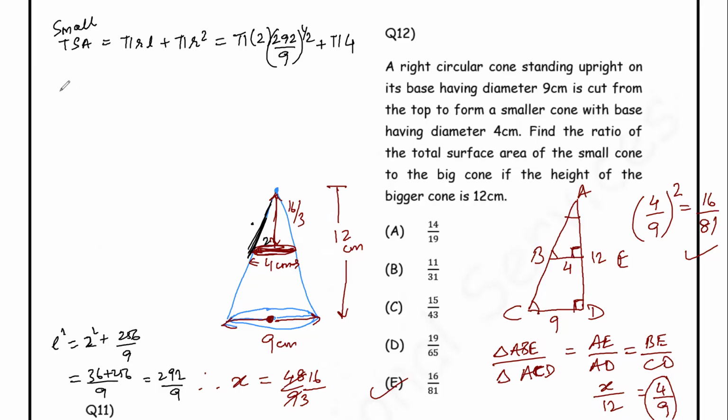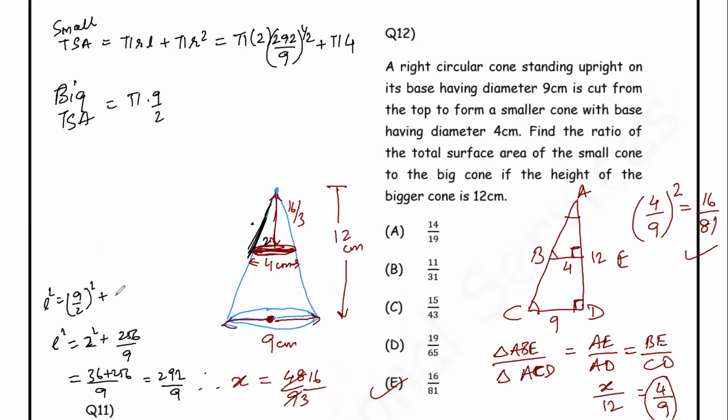And that's what they're asking: total surface area of the small cone to the big cone. And the big one, the TSA, is pi R L. So pi, radius is 9 by 2. And the slant length, L square is 9 by 2 the whole square.